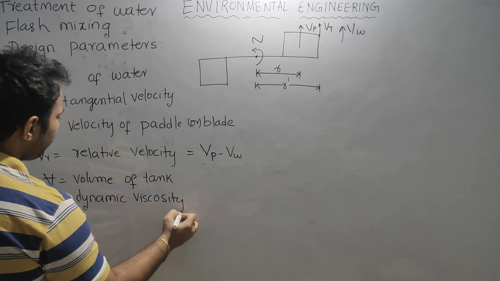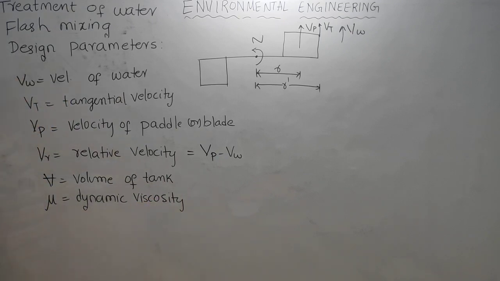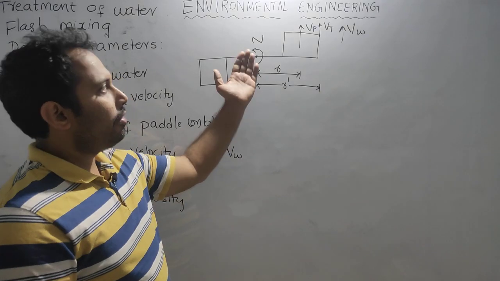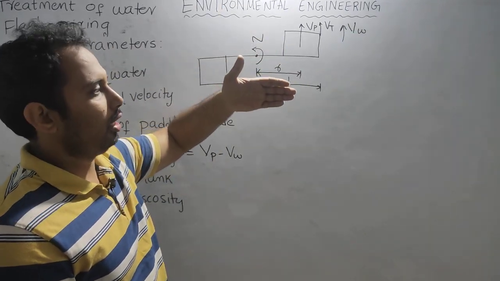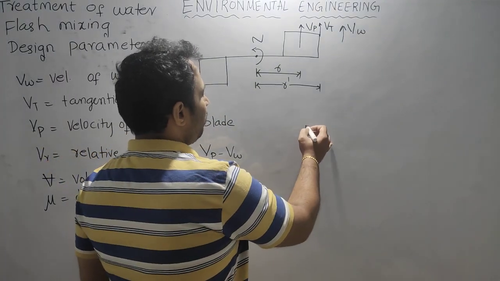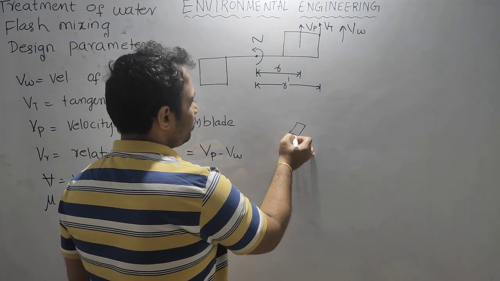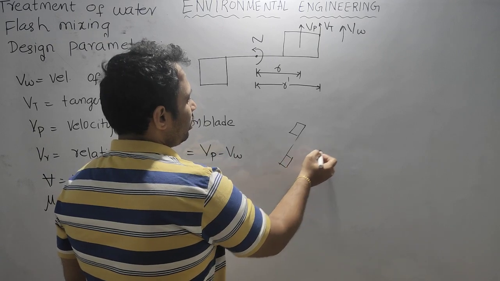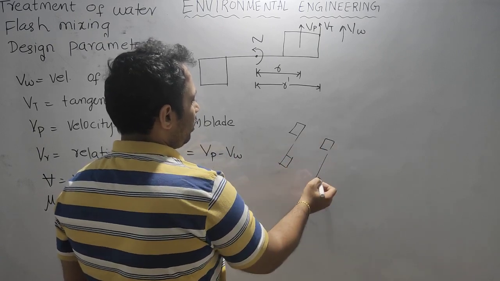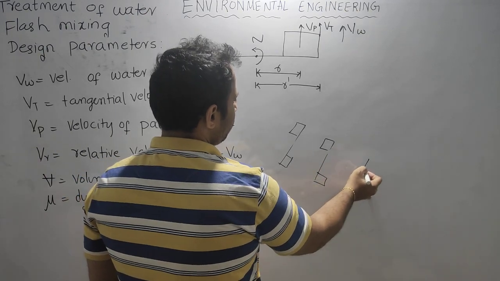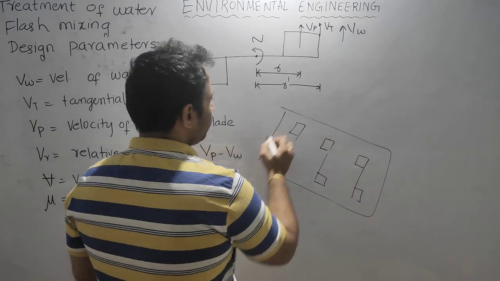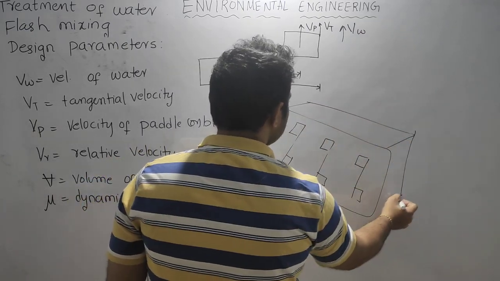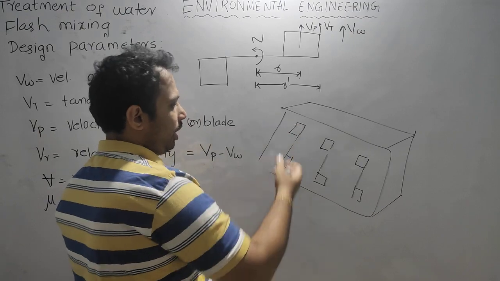So n is the number of paddles. Sometimes we may have a series of paddles. This is one paddle, and at some spacing there will be another series of paddles. If you look at a three-dimensional figure like this, this is one paddle, and somewhere there will be another paddle. This is a tank, and in it there will be a series of paddles rotating.